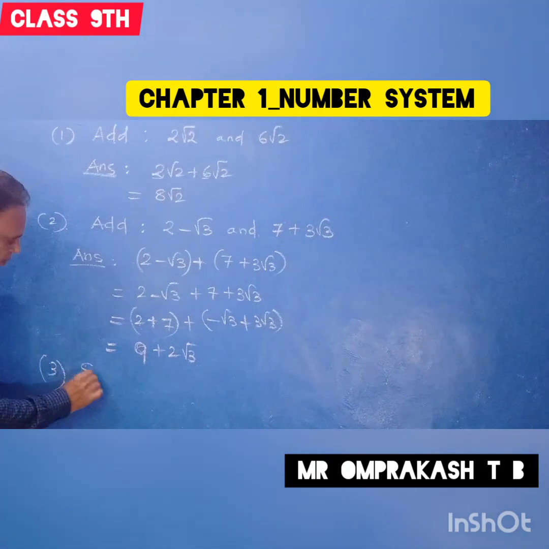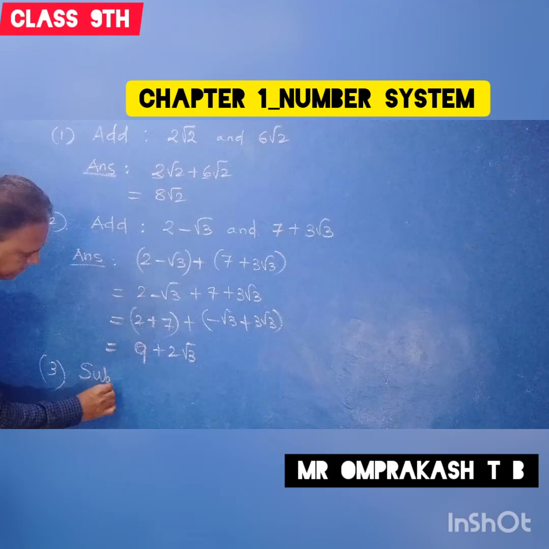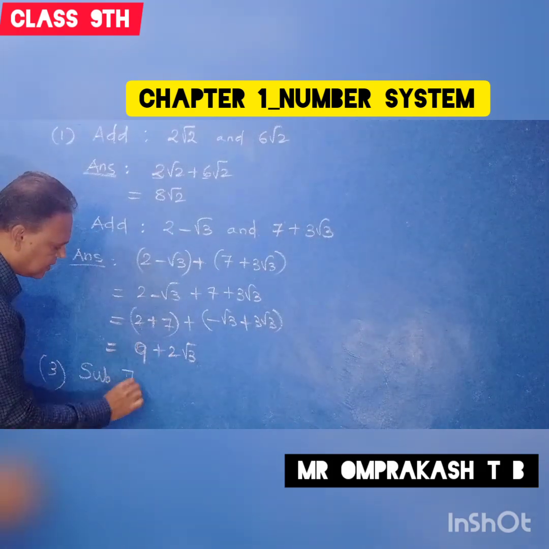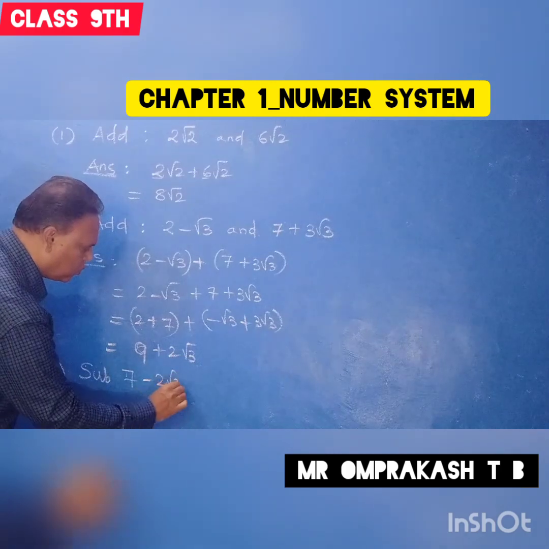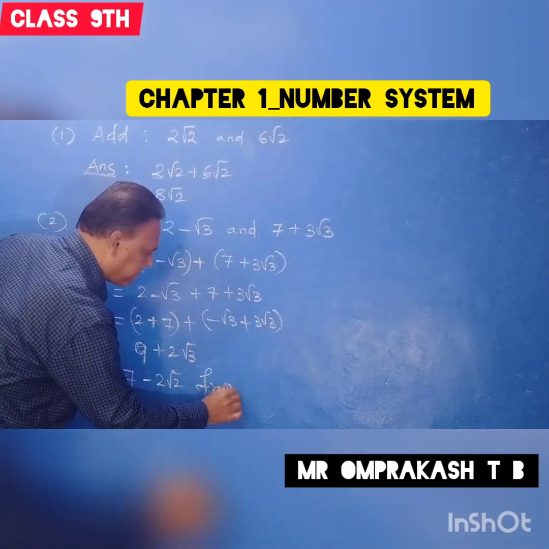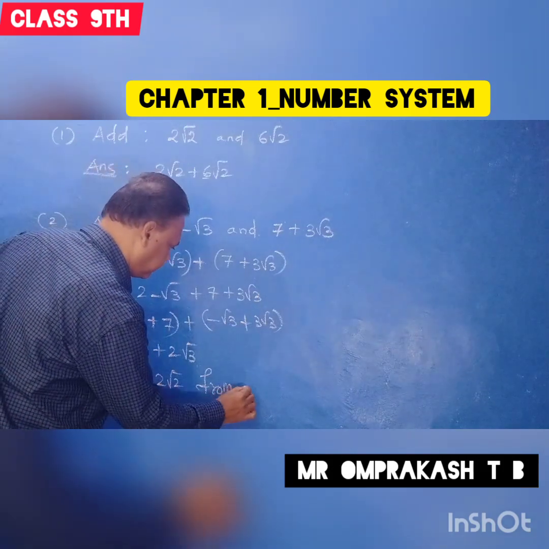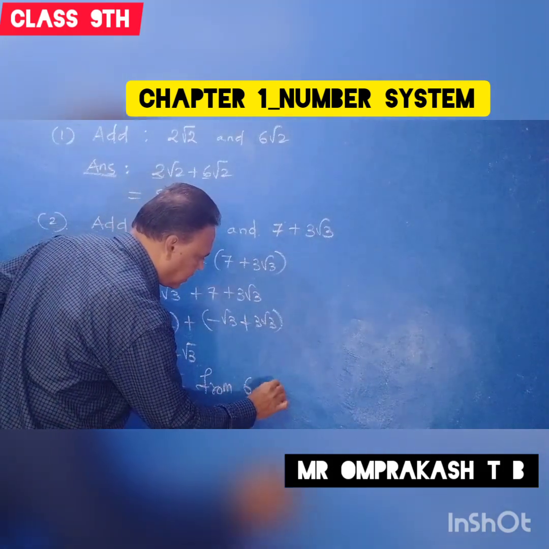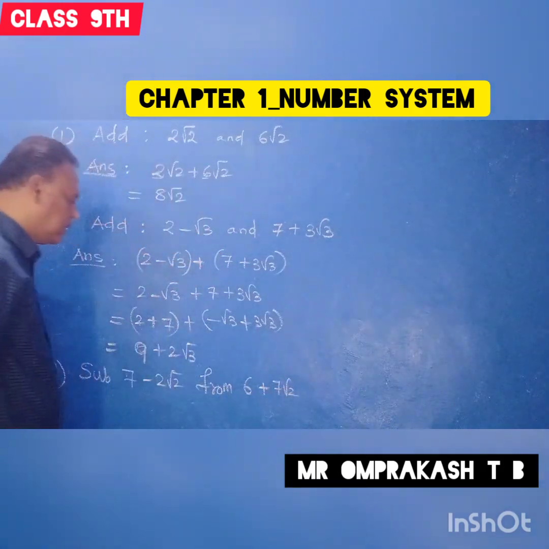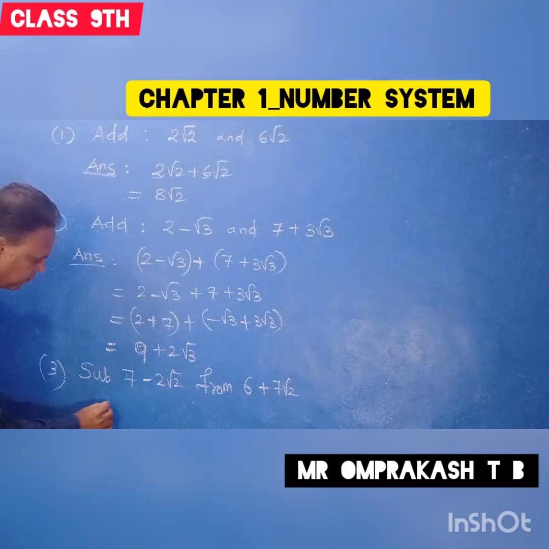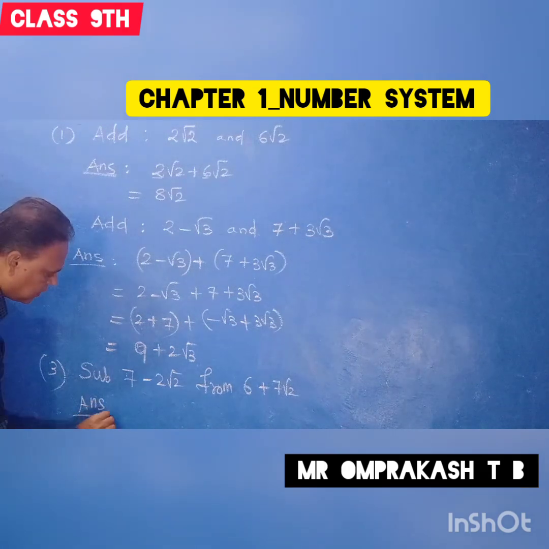Subtract 7 minus 2 root 2 from 6 plus 7 root 2. From first to right as usual.